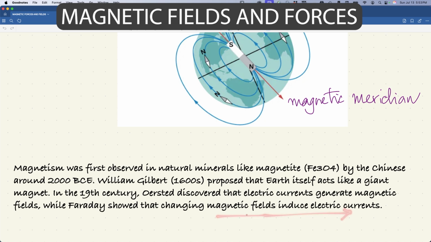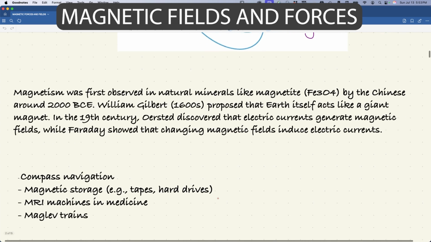So we're going to look at that in another chapter called electromagnetic induction. So right away you have to know that an electric current produces a magnetic field, but a changing magnetic field induces an electric current. This in fact is the principle of electric motors and generators. We will get to that in that chapter.